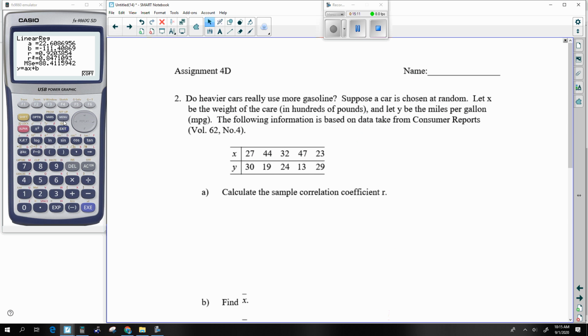So, for instance, if I were to do number 2, I'm going to do it with button pushes. Let's go ahead and clear this out. Enter our lists.